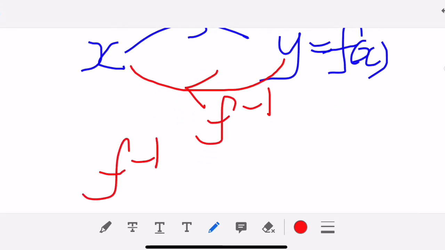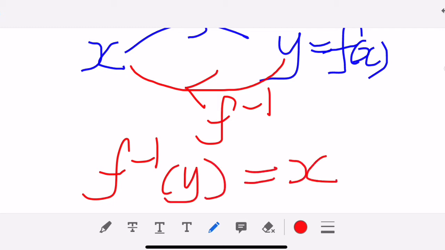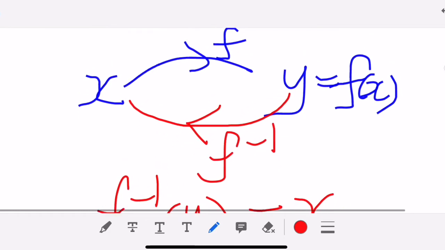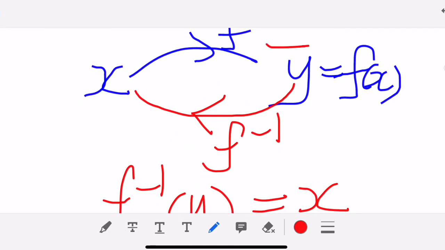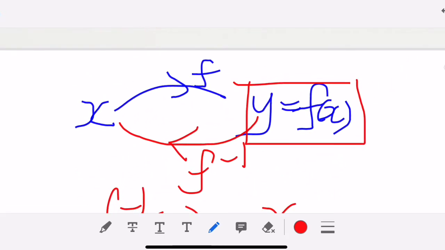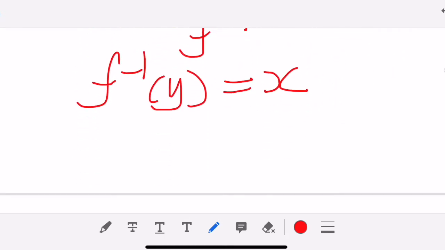So you can write that the inverse function will bring y to x, like this. So basically when you want to do any inverse function, you must say let f(x) equal to y first, right? It is a must to say let f(x) equal to y, then f inverse of y equal to x. Got it? This is very important. Once you find the x, that means you found the inverse of y, right? So let's always start with the right step.